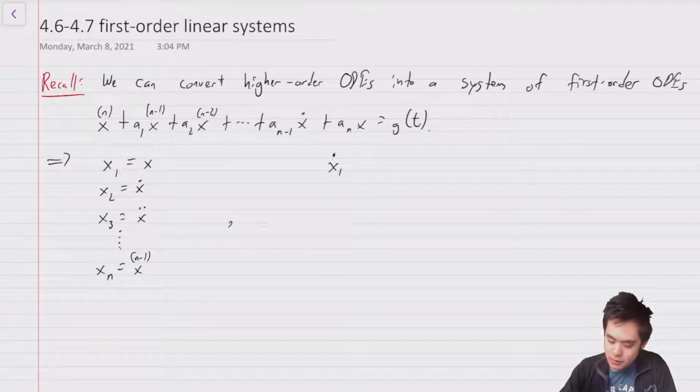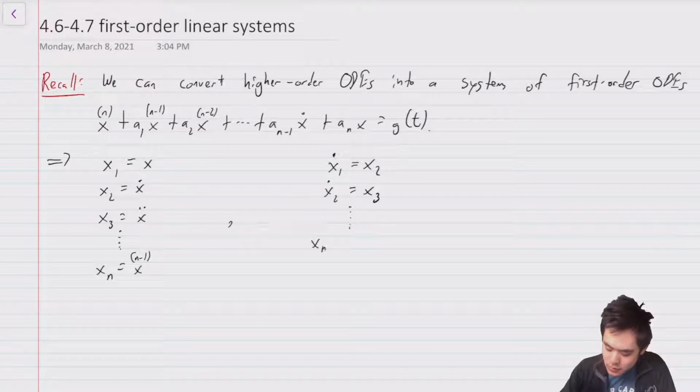x1 dot is equal to x2, so that's pretty obvious. x2 dot is equal to x3. x3 dot is x4, and this goes on, all the way down to x(n-1) dot, which is going to be equal to xn. And then xn dot is going to be slightly different.